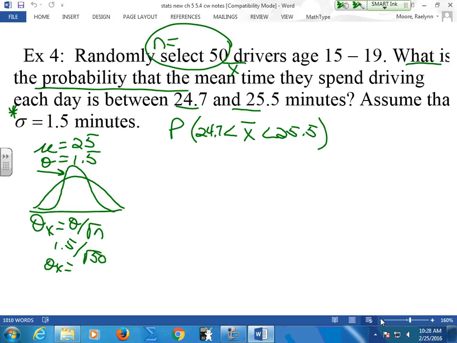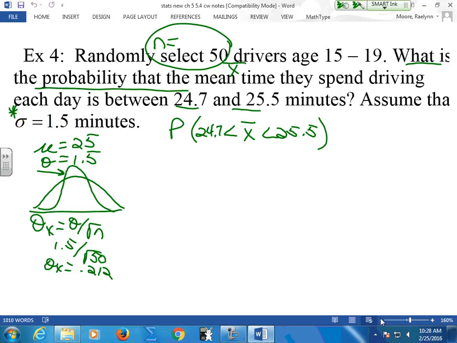I know I'm a pain, but I like the sketches, and I think a lot of you are seeing why, because you know where's positive, where's negative. So when you find your standard deviation, just try it. Your new standard deviation is 0.212.